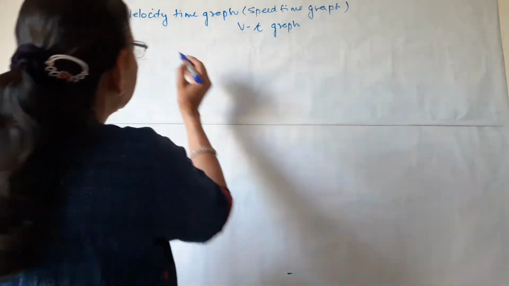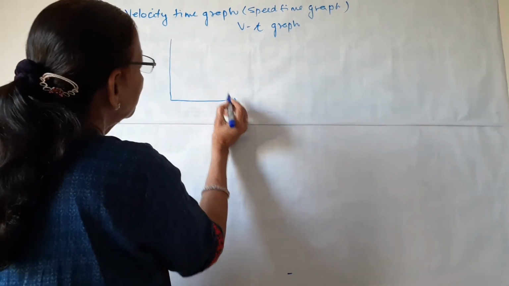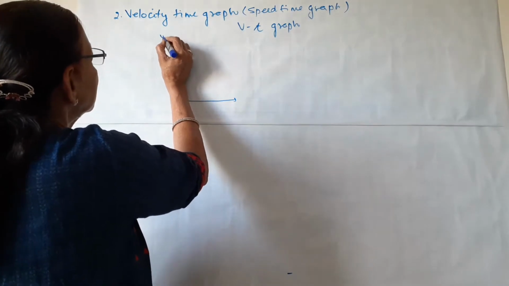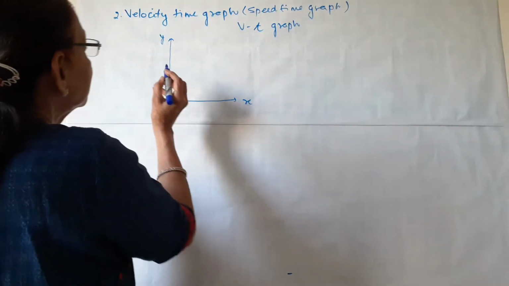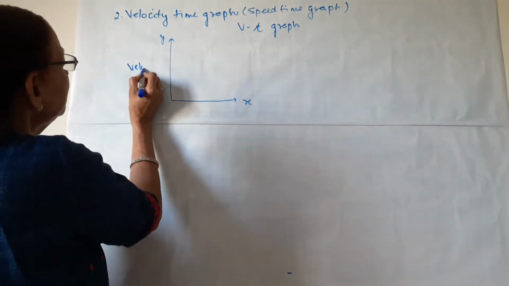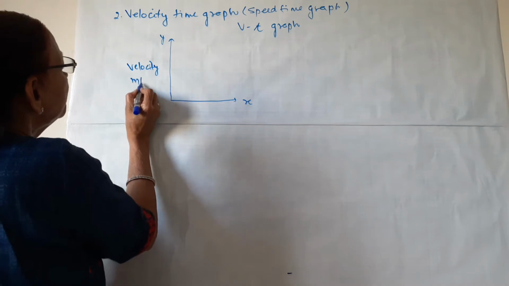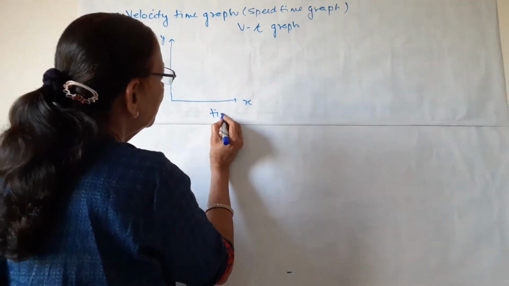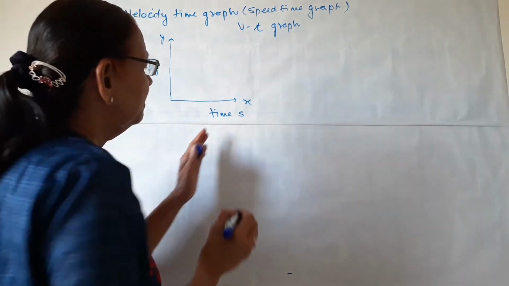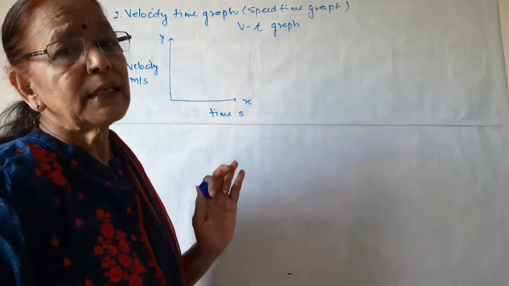So we are starting. What is this graph? On a graph, these are the two axes. This is the y-axis, this is the x-axis. On the y-axis, velocity is taken. All of you know the SI unit of velocity is meter per second. On the horizontal axis, time is taken and the SI unit is second.